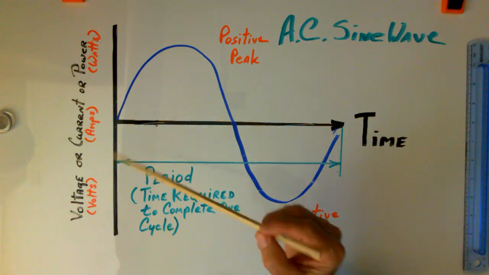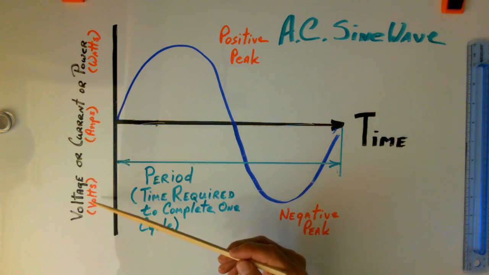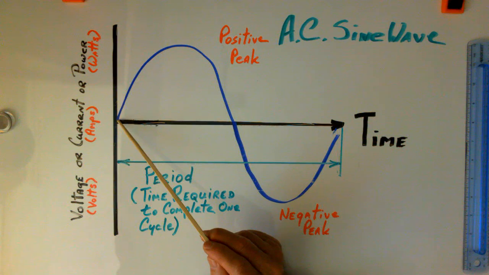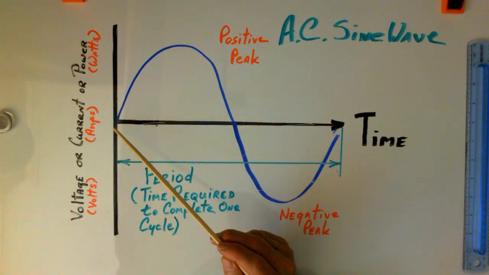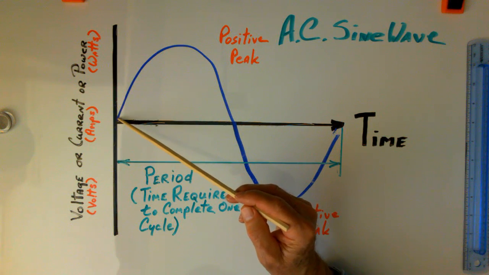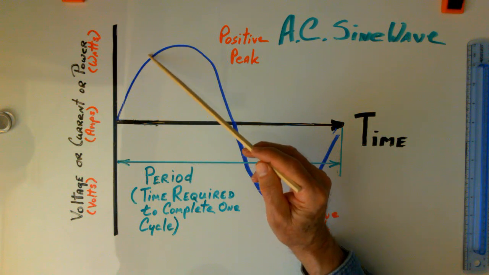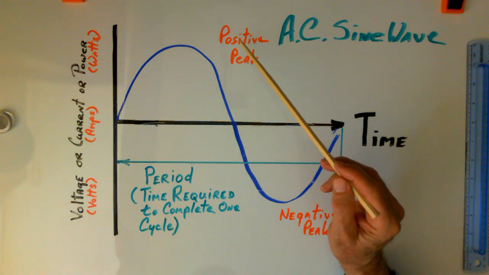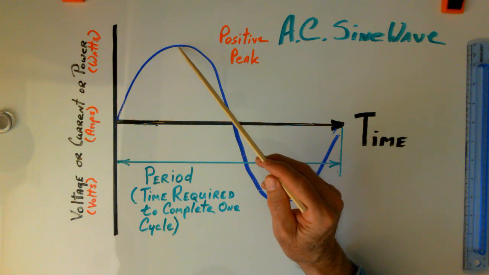Let's say we're talking about volts. We're starting at 0 volts because I arbitrarily chose that. My voltage starts to climb and gets to a maximum, what we call the positive peak of the sine wave.